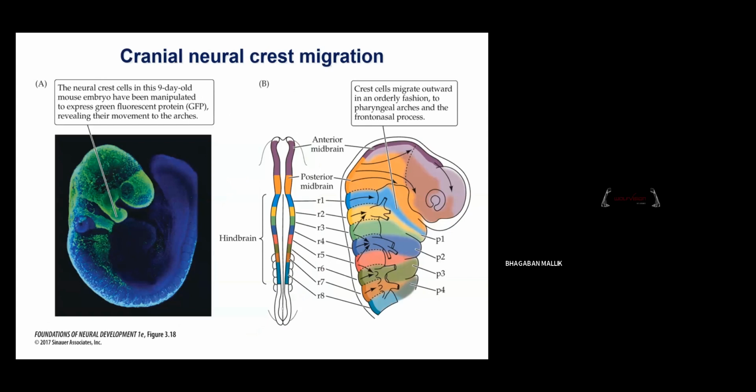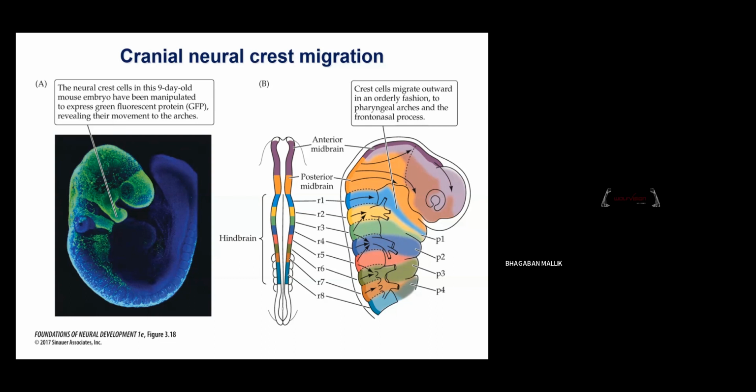Okay, so this is an example of an experiment shown in the developing mouse embryo. This is a 9 day old mouse embryo. Here you can see that the neural crest cells are tagged with a GFP tag, and in real time during development, you can see how the cells are migrating from the anterior portion, rostral, to caudal, and this is mapped with the GFP.